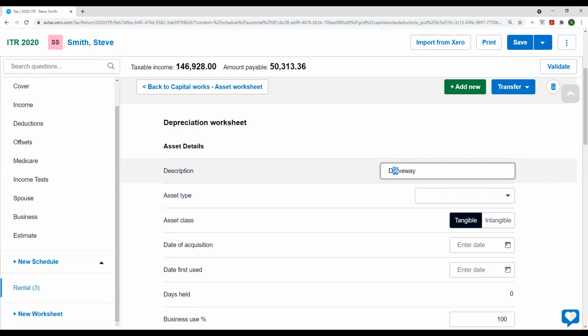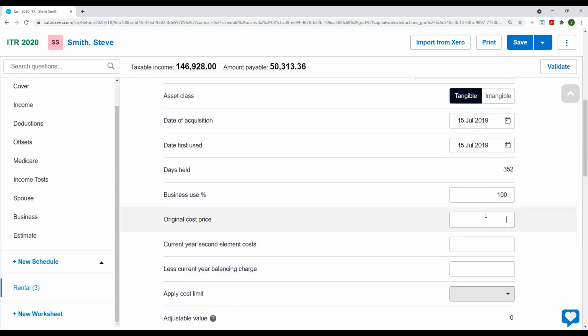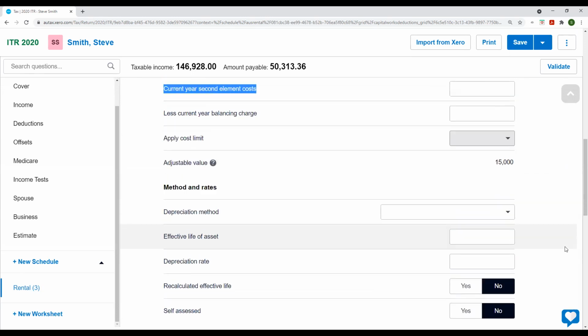Right, and put it that it's coming to the building, and he did it on 15/7/2019, and from that day he's going to start using it, and he spent 15,000 on the driveway or kitchen expansion or whatever.